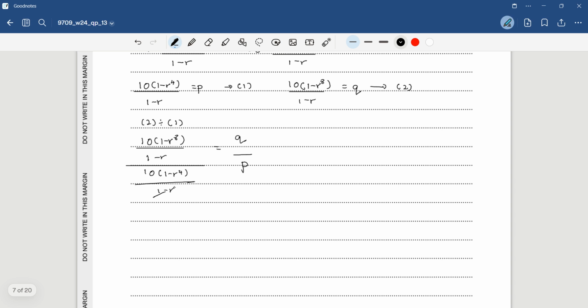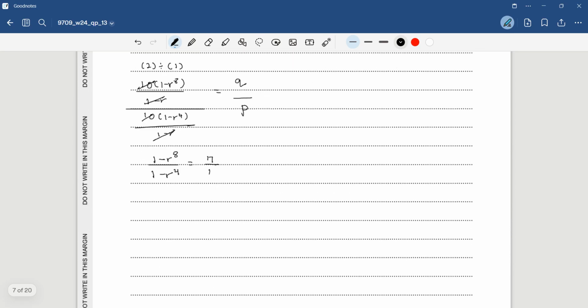So here you can cancel this 1 minus r, 1 minus r, and the 10s. So it's going to be (1 minus r^8) over (1 minus r^4). So q over p is given as 17 over 16. And if you notice this, actually r^8 equals (r^4)^2. So I can make it 1 minus (r^4)^2, which is equivalent to (1 minus r^4)(1 plus r^4).